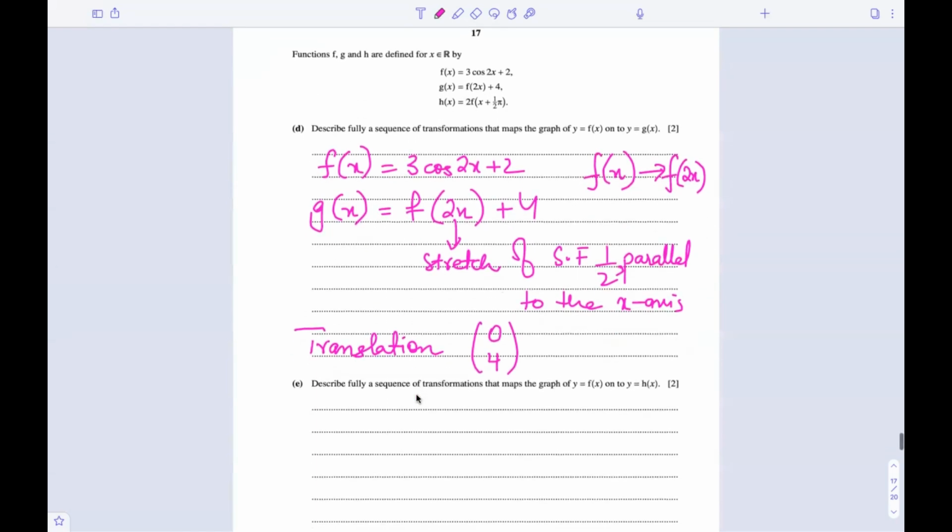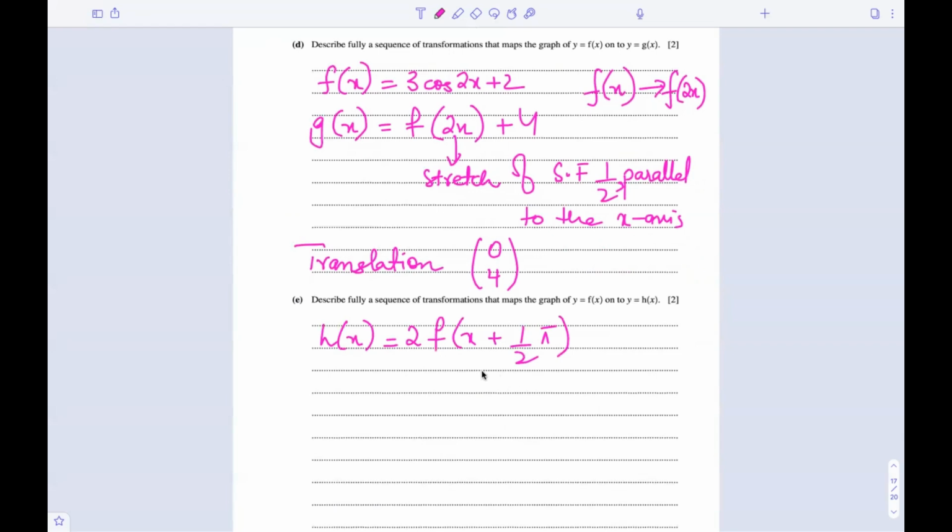Now in the last part, we have to describe a sequence of transformations that map y equals f of x onto y equals h of x. Comparing, we can see that h of x is 2 times f of x plus half pi. When it is x plus half pi, it is a translation in the x direction.